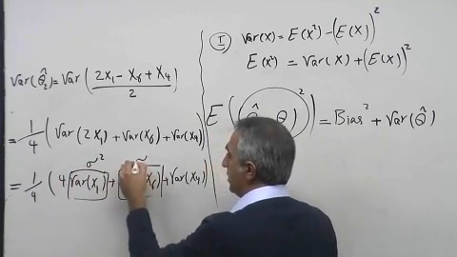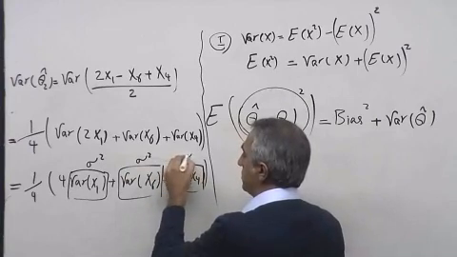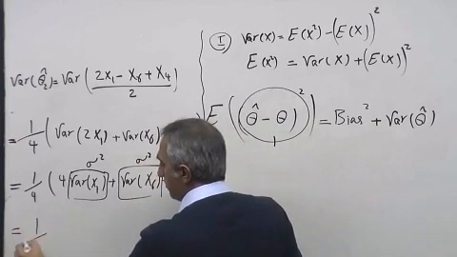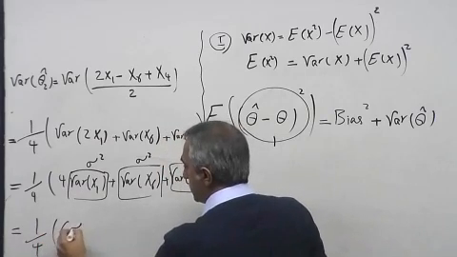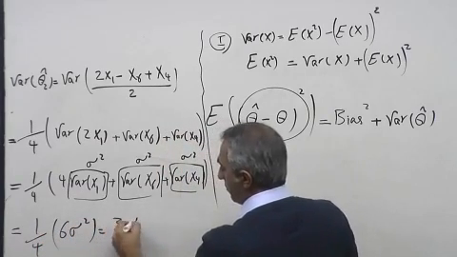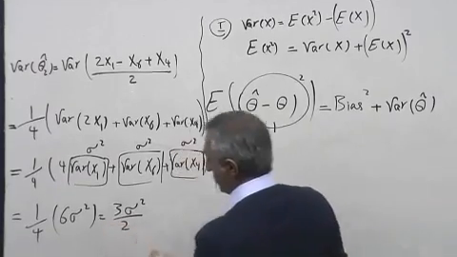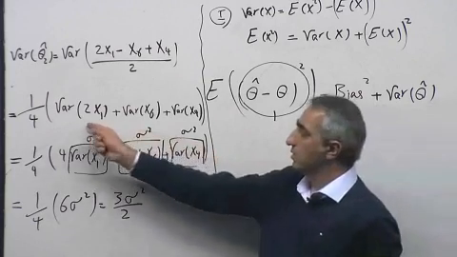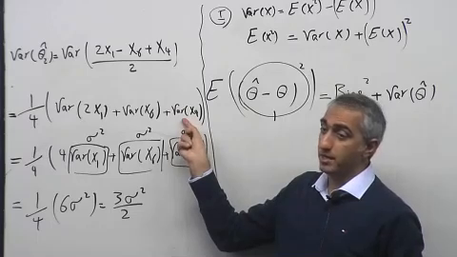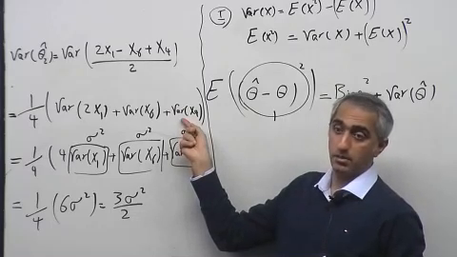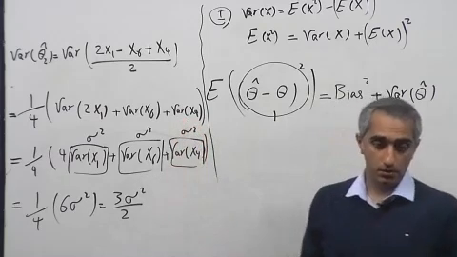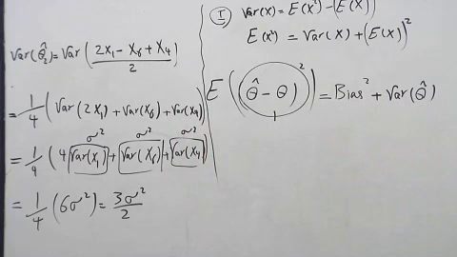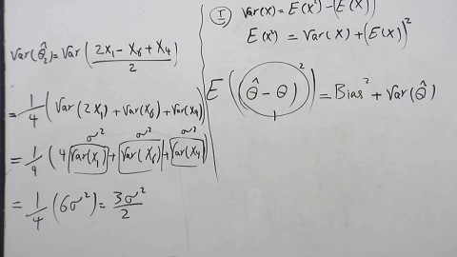This is also sigma squared, and this is also sigma squared, which would be 6 sigma squared divided by 4, which is 3 sigma squared over 2. By the way, this is correct because they are independent. That's the definition of a random sample. Otherwise, this is not correct. Otherwise, we would need to have some covariance terms as well. Any questions? Is it clear?